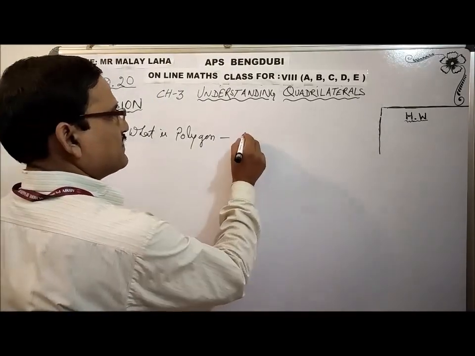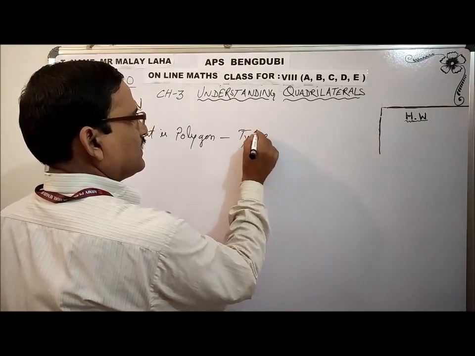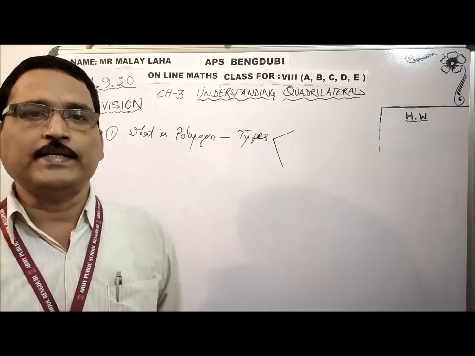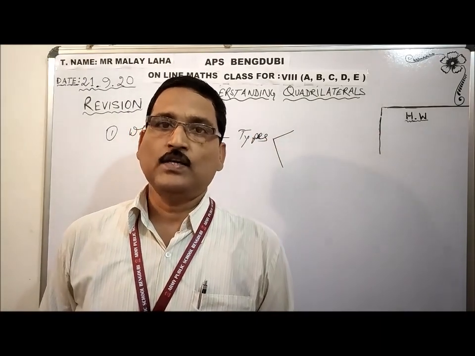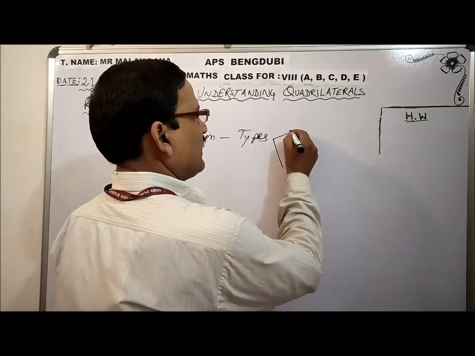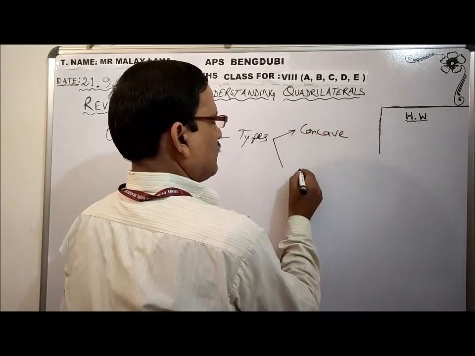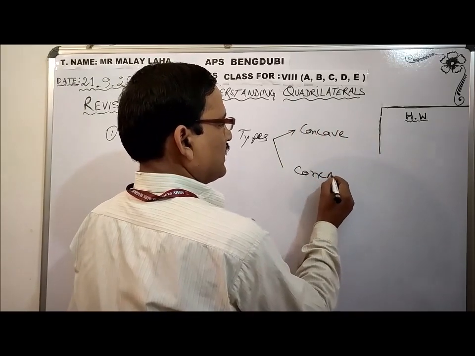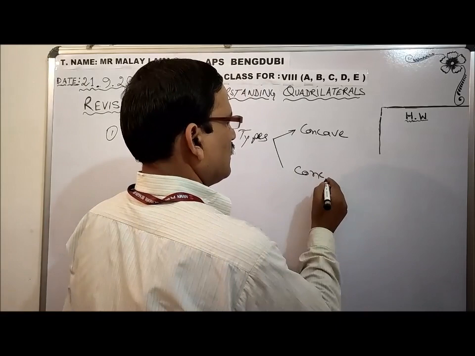So, types. What are the different types of polygon? Polygon is basically of two types. One is concave polygon, another is convex polygon. Concave and convex. So we have to know categorically what is concave and what is convex.